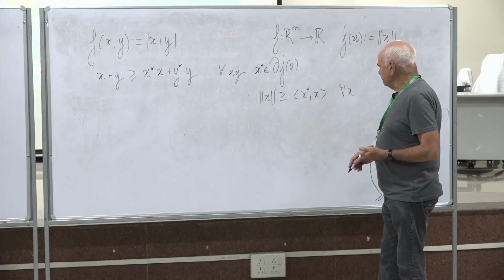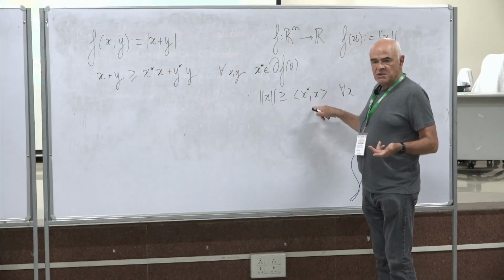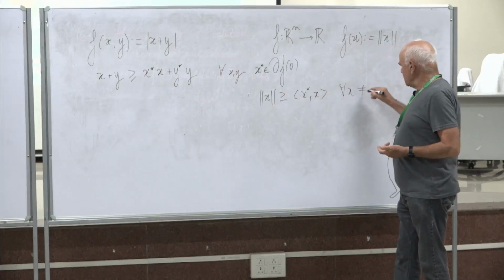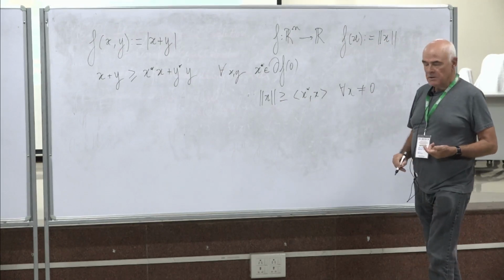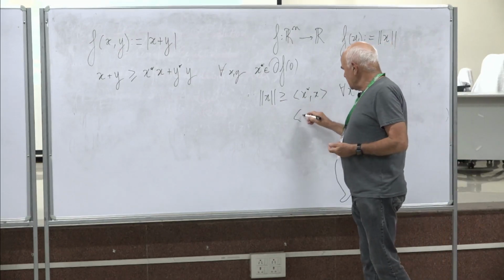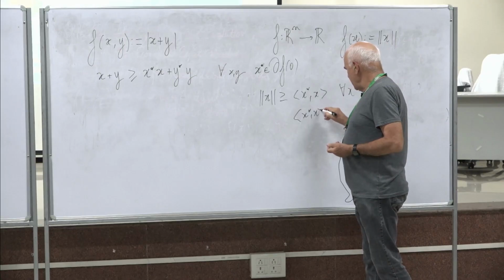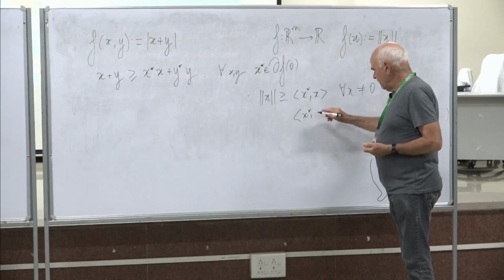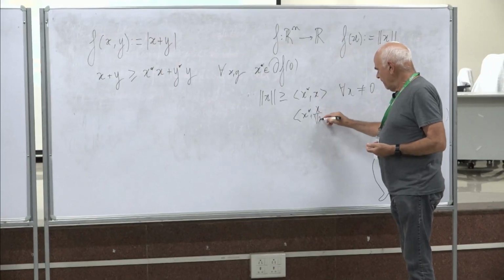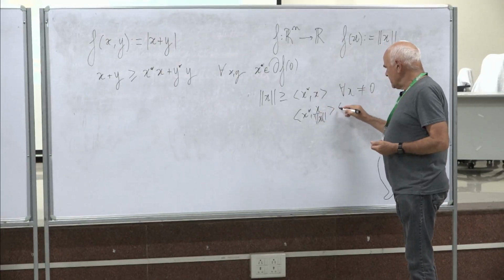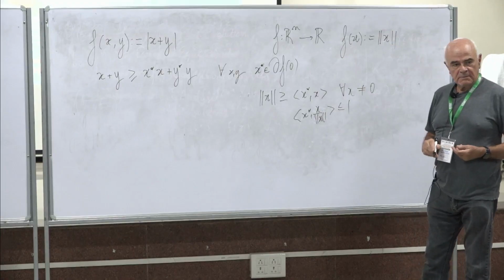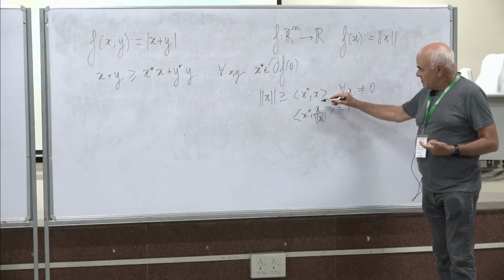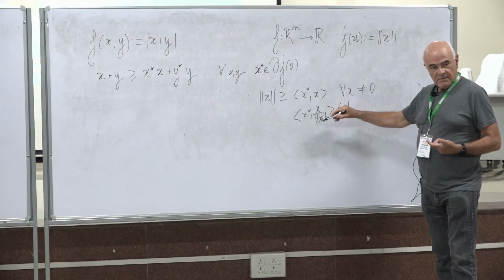I mean, first of all, this condition says nothing if x is 0. So consider x different from 0. Then you can write this as x star x divided by the norm of x less than or equal to 1 for every x, means for every vector of norm 1.